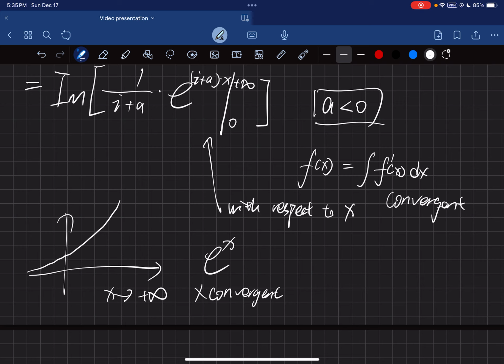So we can transfer this function to e negative x, right? After that, the graph of the function will be like this. So when x approaches positive infinity, this function will approach 0.